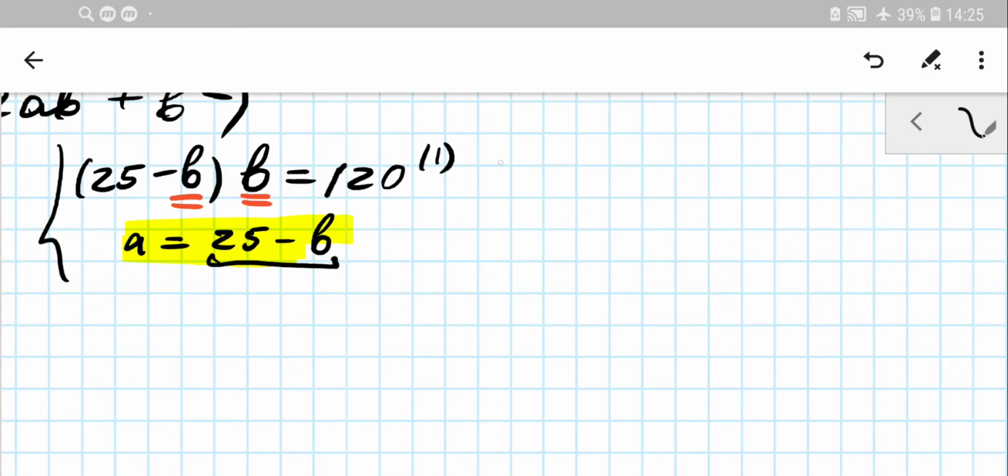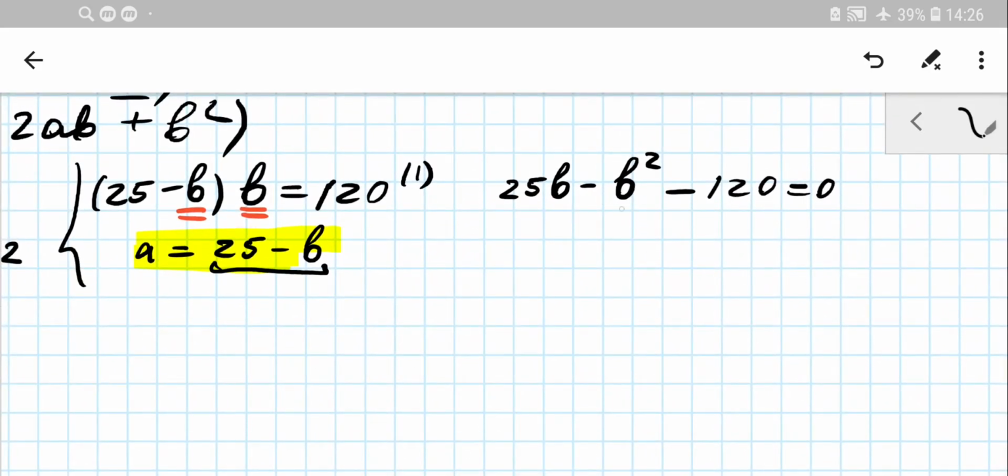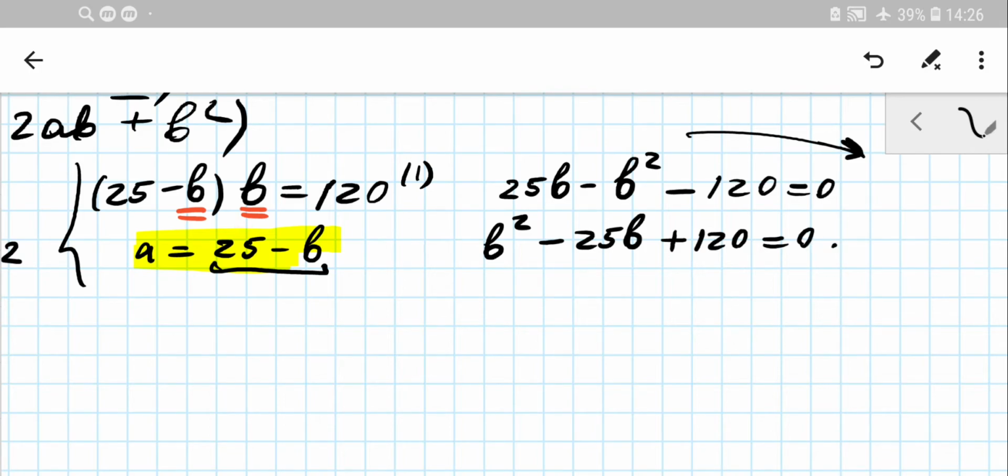So let's expand the brackets. We've got 25b minus b squared minus 120, because we need to collect all the items on one side. But I don't like having the leading coefficient with a minus sign, so I transfer everything to the right-hand side. I get b squared minus 25b plus 120, swapping the sign to transfer, and I've got the final quadratic equation.